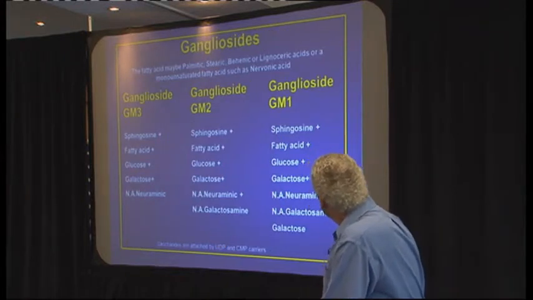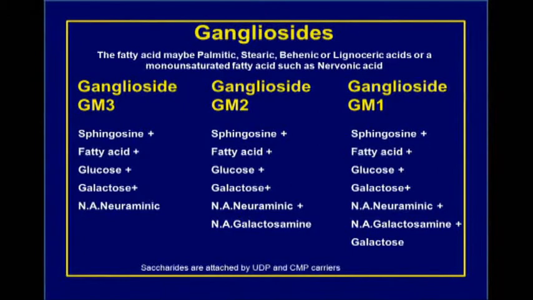Now, if we look at ganglioside M1, the more specific one, we need the sphingosines, a fatty acid, glucose and galactose, which we would probably never be short of, and N-acetylneuraminic acid, galactosamine and galactose. Those sugars are present within our starches and the foods we get.